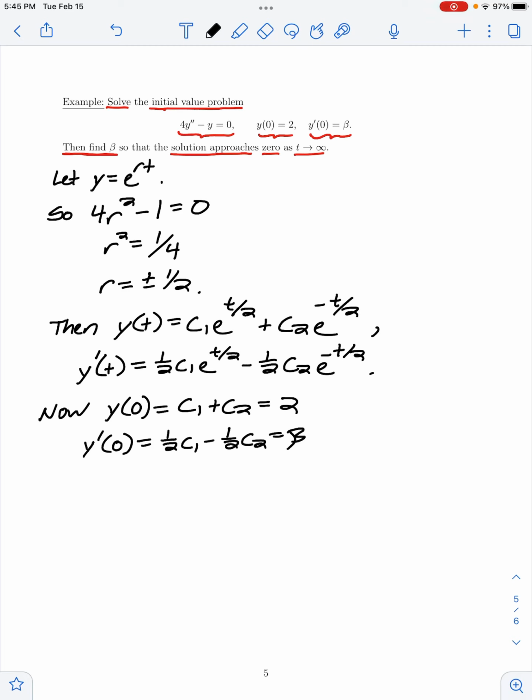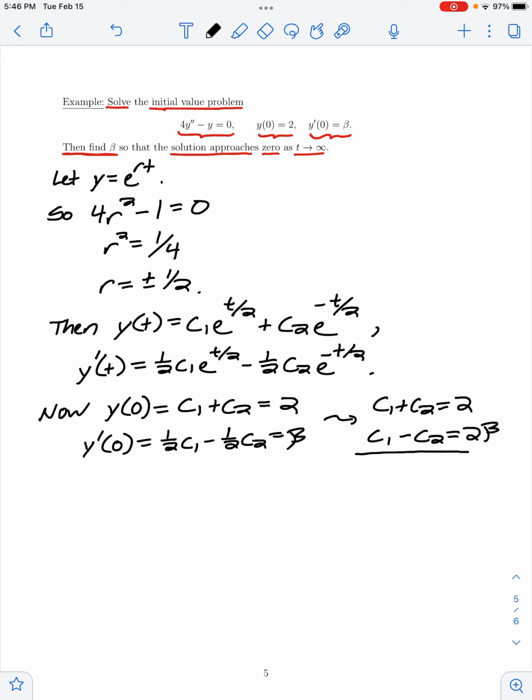So there's a number of ways I could go about solving for c1 and c2. When I look at this, what I don't like about the second equation is that it involves the fractions, 1/2 c1 and 1/2 c2. So if I were to multiply my second equation by 2, I would have c1 minus c2 is equal to 2 times beta.